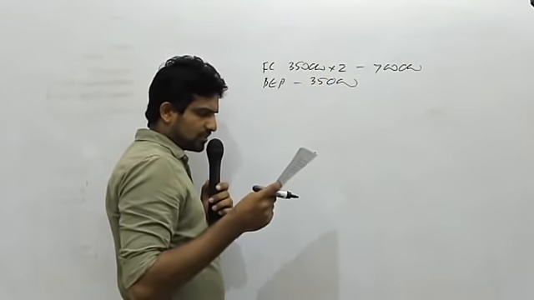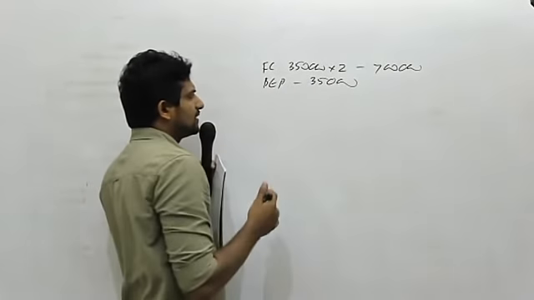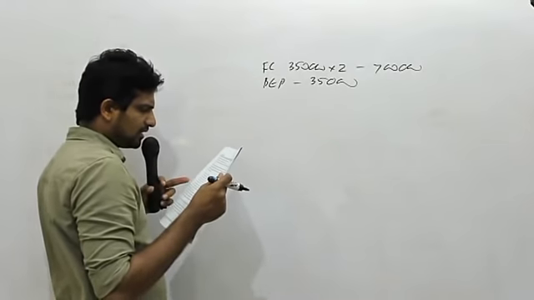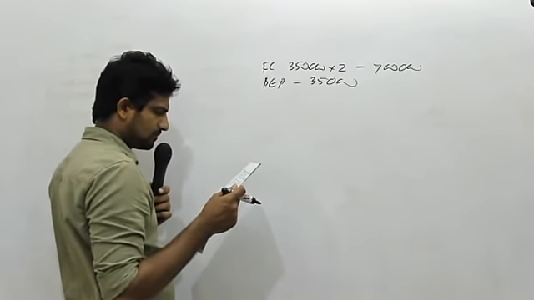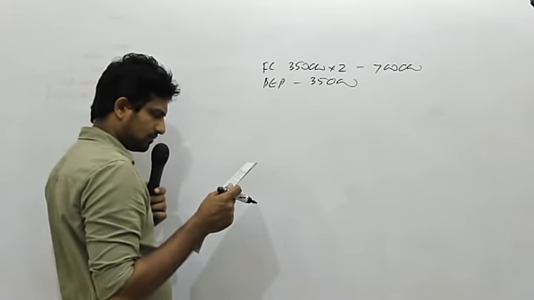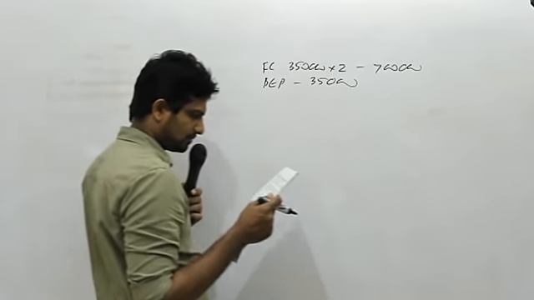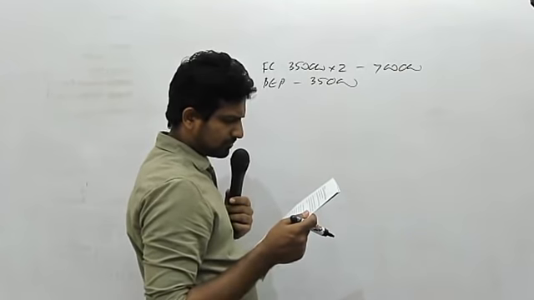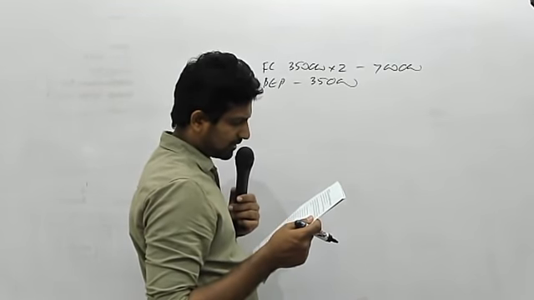Now the fixed cost has increased. They want to maintain the break-even point at this level. The question is what is the minimum amount by which the unit variable cost of product A should be decreased.